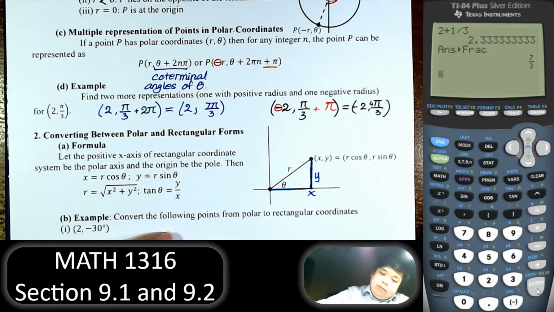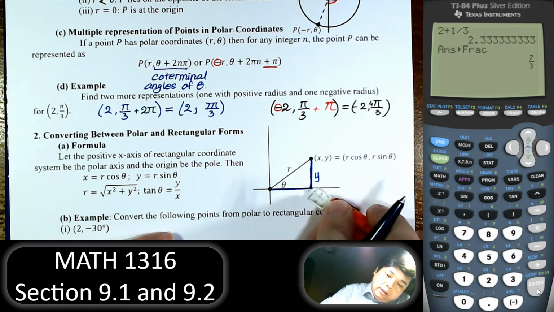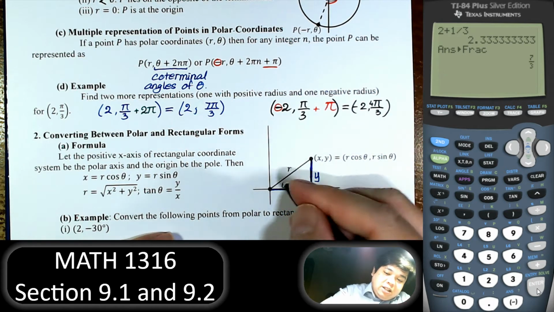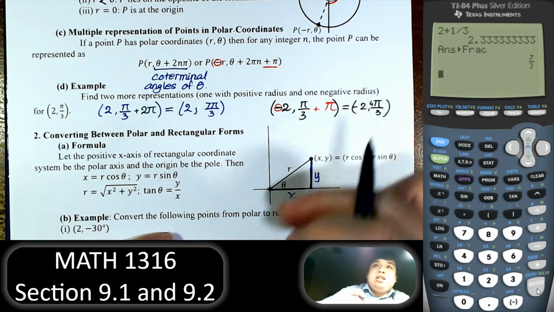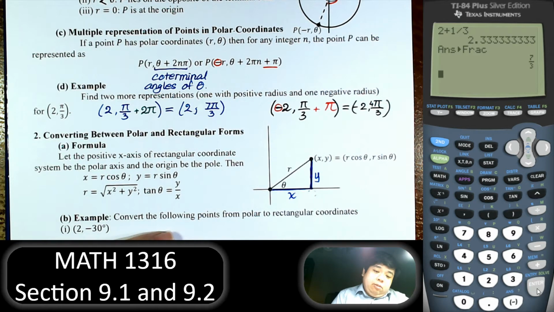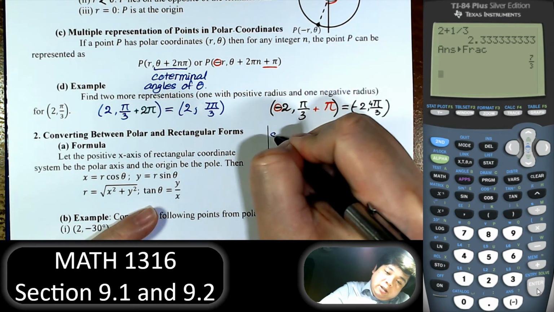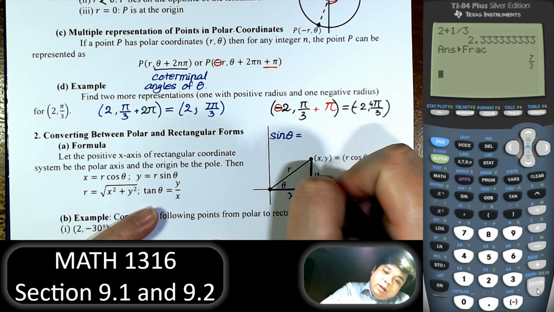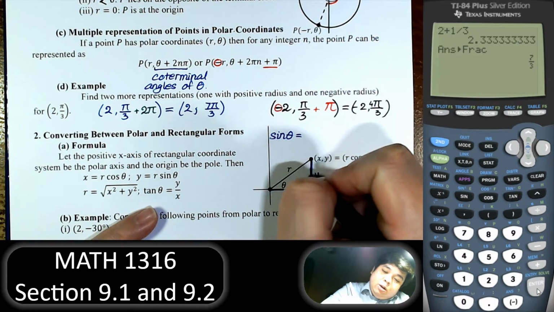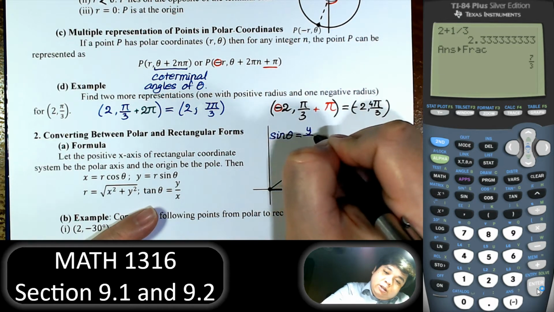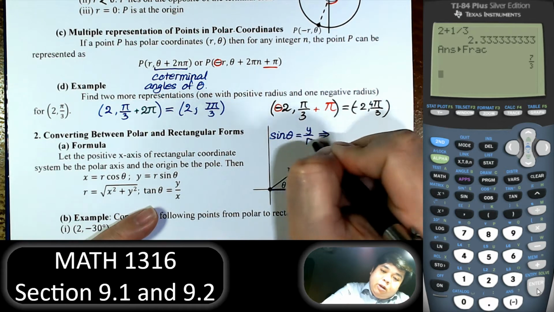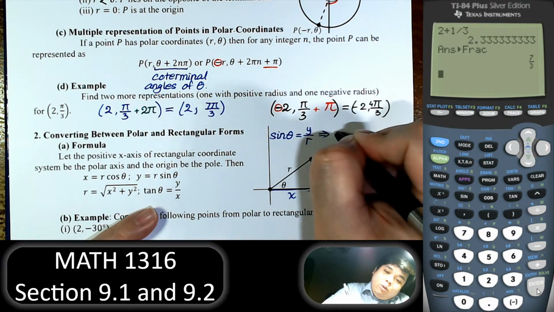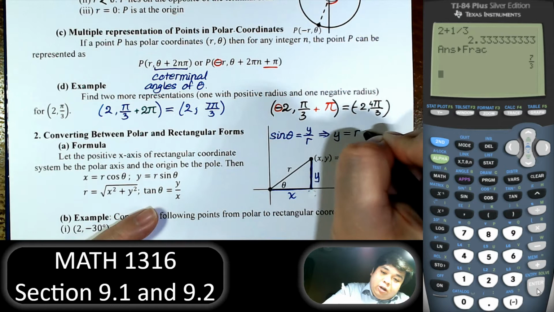I could say x is the distance here and y the distance there. Now we can just write trigonometry for that angle. So we'll say sine is opposite over hypotenuse. So multiply by r, we have y equal to r sine theta.